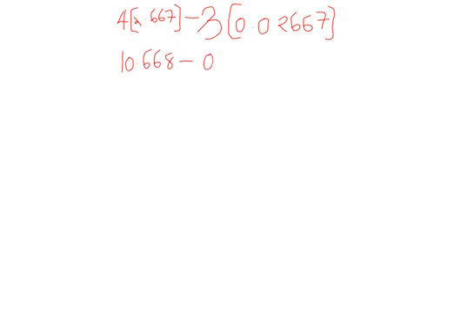So if we subtract 0.08001 from 10.668, we are expected to get 10.588, which can be written as 10.59, correct to 2 decimal points. And that is the end of this lesson. Thank you for your attention.